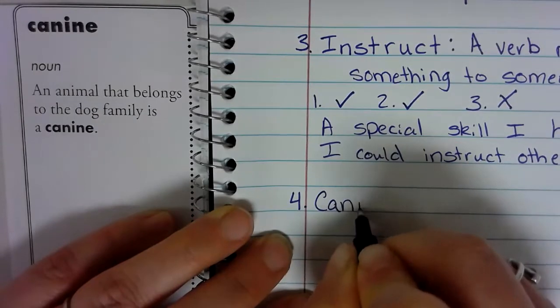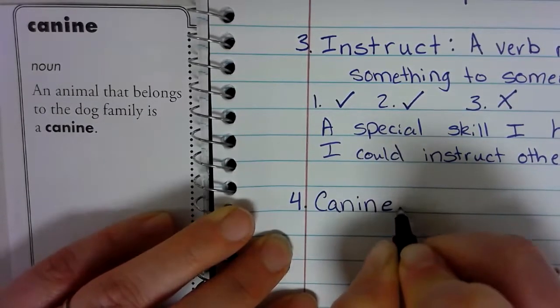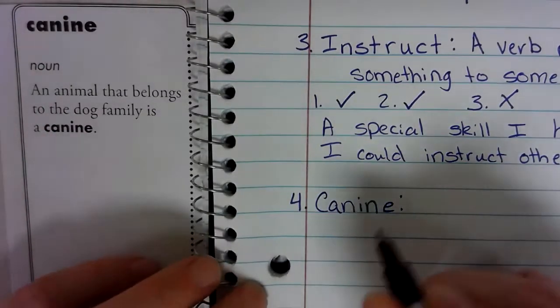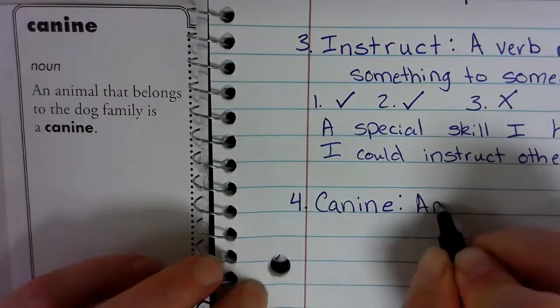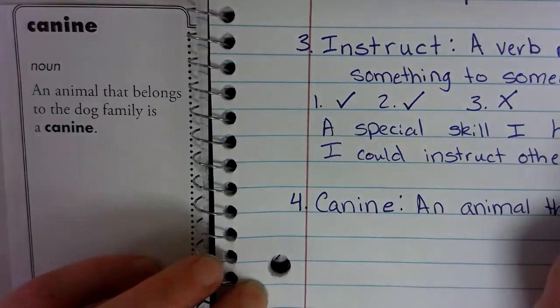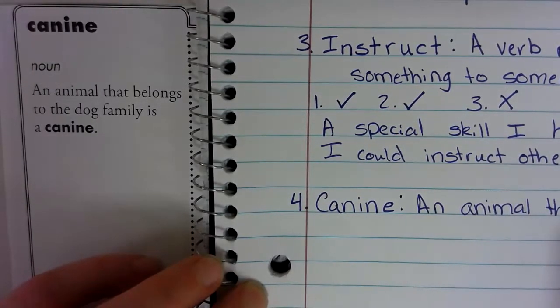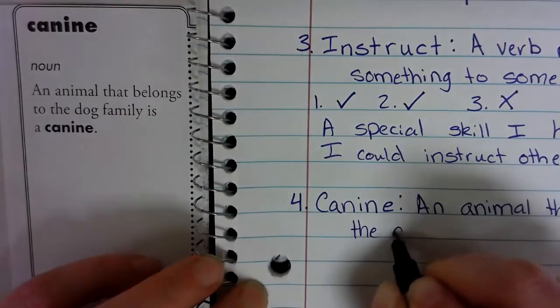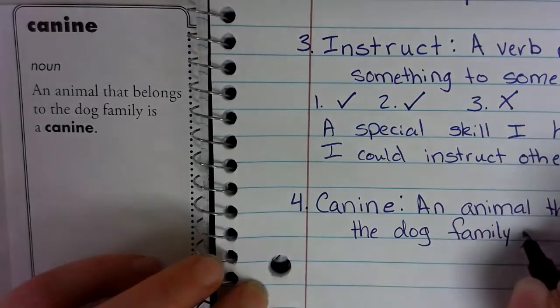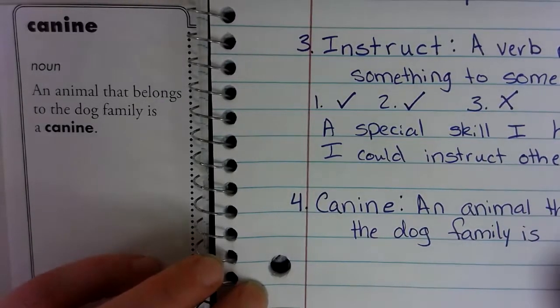C-A-N-I-N-E. A canine is a noun. It is an animal that belongs to the dog family. An animal that belongs to the dog family is a canine.